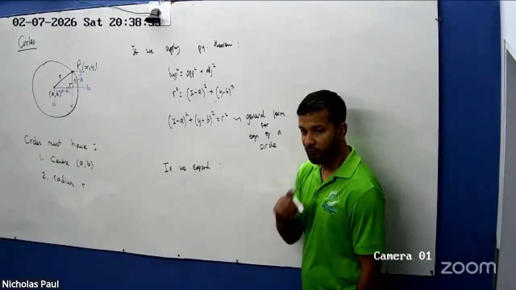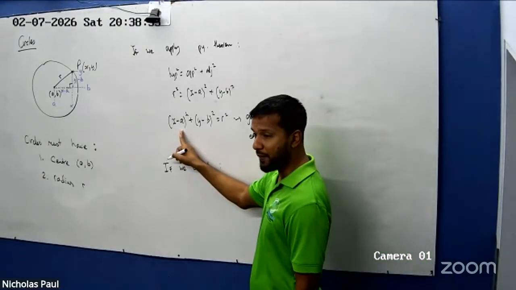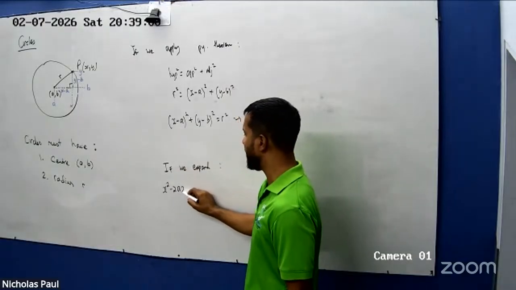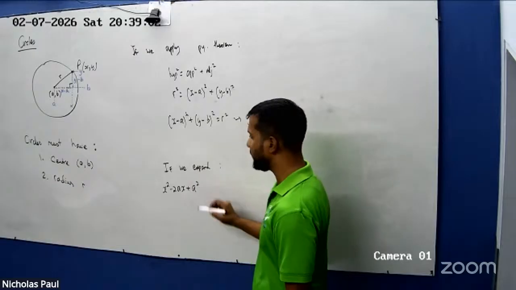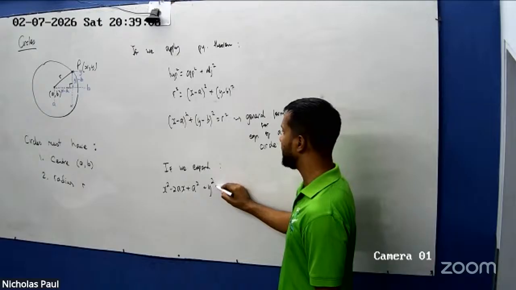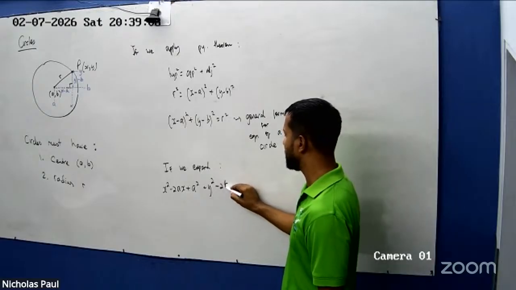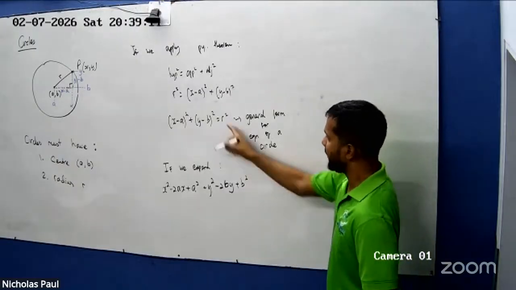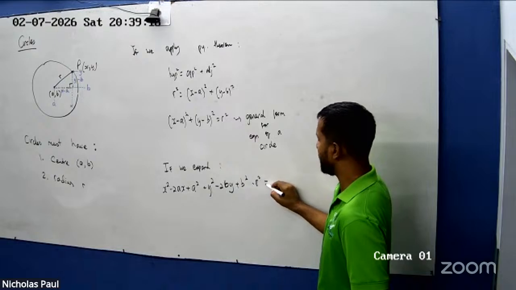So if we expand this, you'll get x squared minus 2ax plus a squared. If you expand this, you'll get y squared minus 2by plus b squared. And then I'm bringing across the r squared, equal to 0.